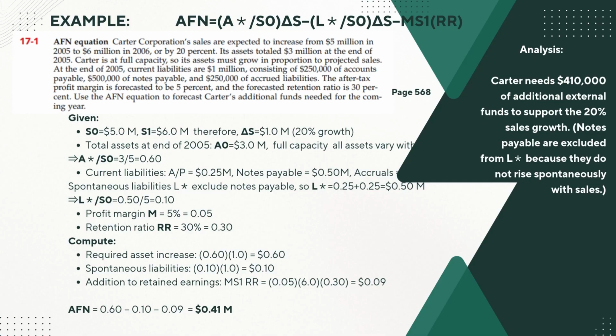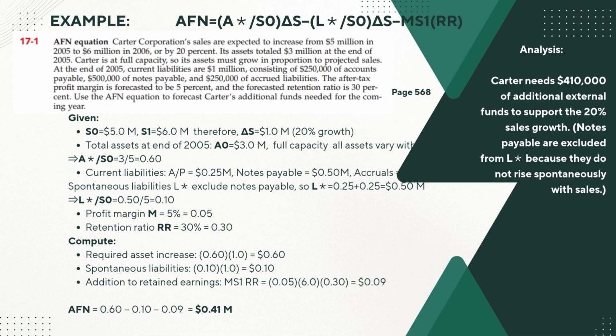Next, current liabilities. It says accounts payable at 250,000 or 0.25 million, notes payable at 0.50 million, and accruals of 250,000 or 0.25 million.